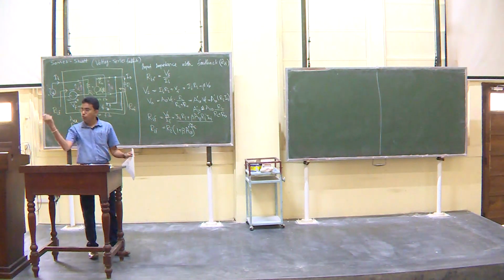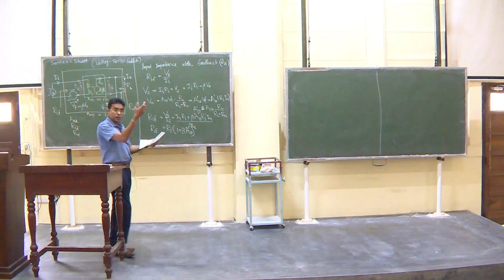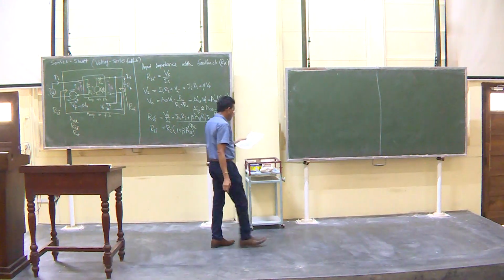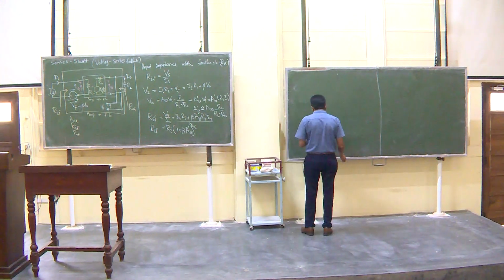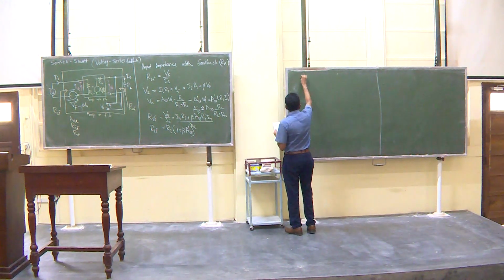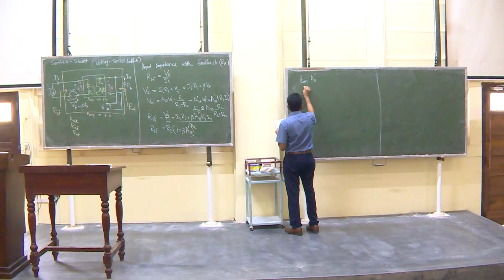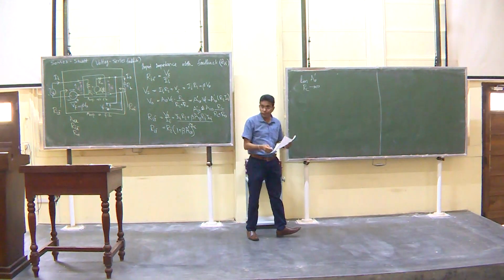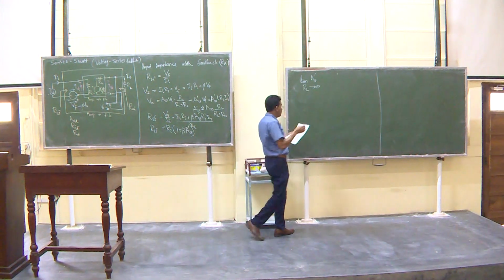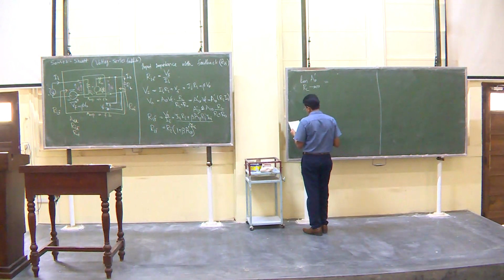If you remove RL, that means you remove the load, so that is open, so the open circuit. So, the limit of AV dash when RL goes to infinity, that is basically removing this, is equal to, what is AV dash?